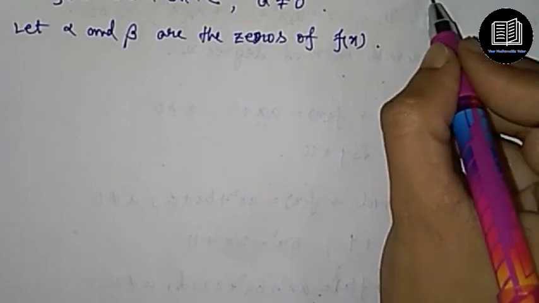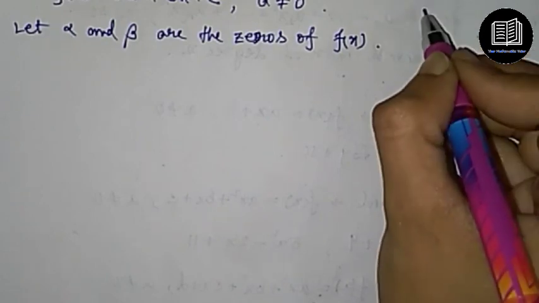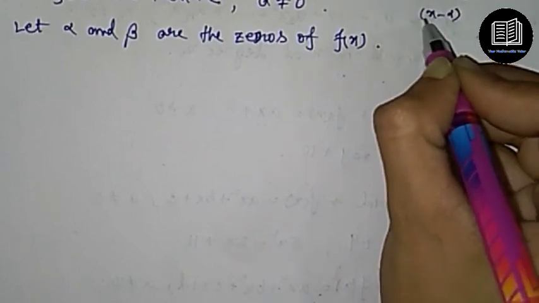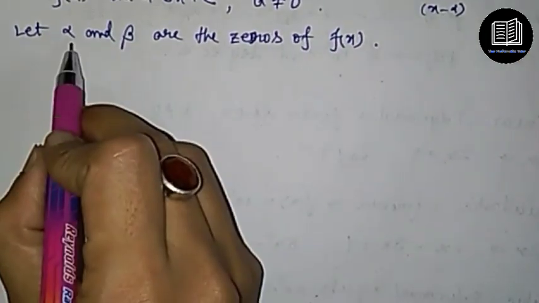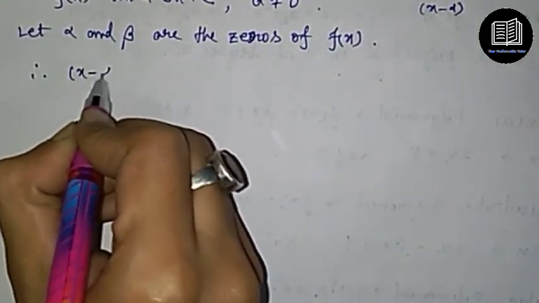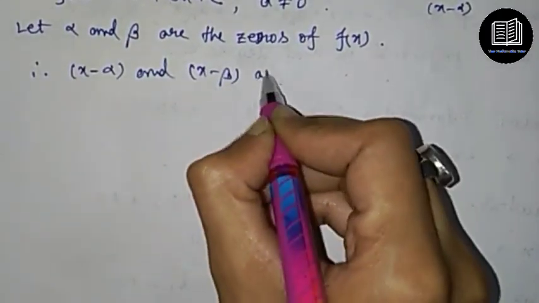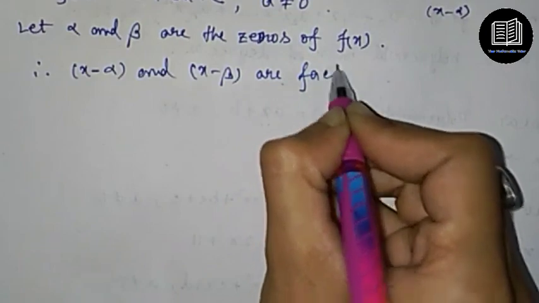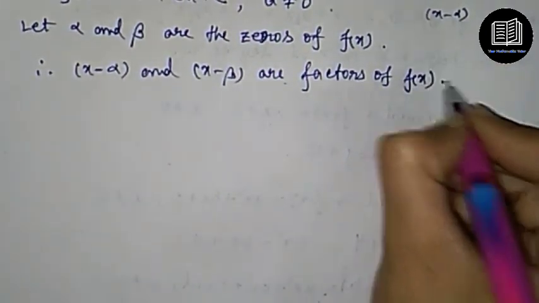From the factor theorem, f of alpha equals 0 implies that x minus alpha is a factor of f(x). So from this we can write that x minus alpha and x minus beta are factors of f(x), right?